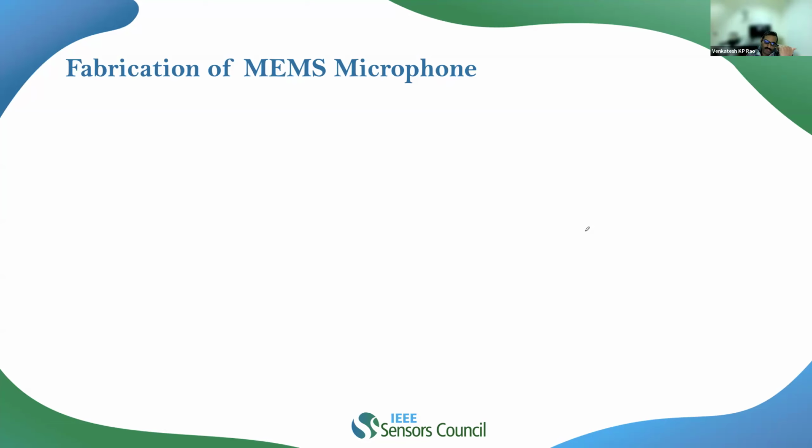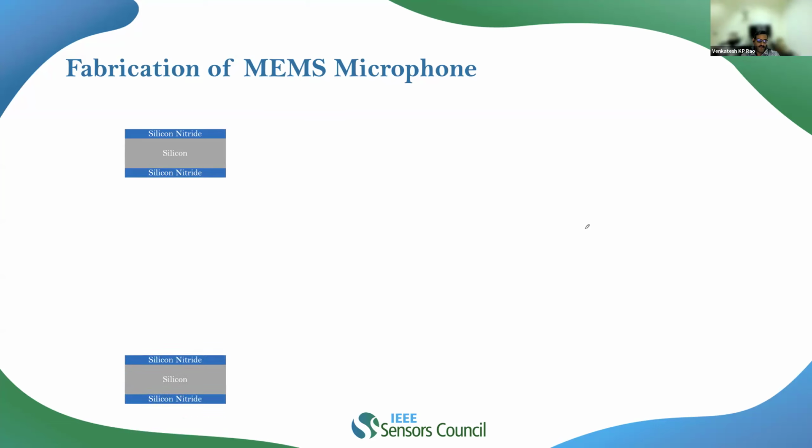Now, on the other hand, all of us use microphones on a day-to-day basis, right? So, what is the basic fabrication process followed for a MEMS microphone? First, we start with a silicon wafer and deposit nitride on the top and bottom, right?